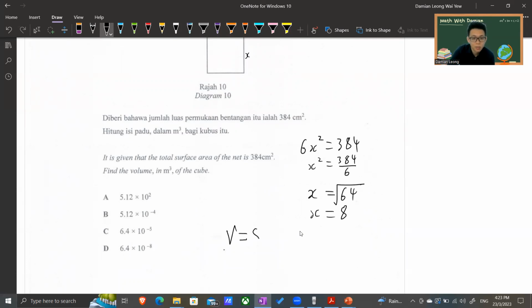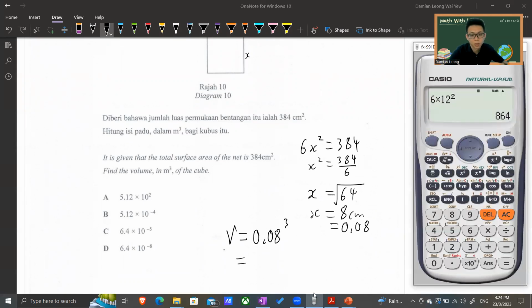So each of the sides is 8. Volume is 8 cube. However, they want in meter cube. So don't use 8 cm because this is cm. Use meters. Convert to meters is 0.08, divided by 100. 0.08 cube.